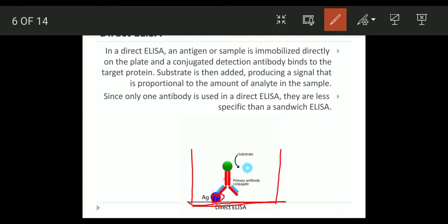This plate is made of polystyrene. It is a polystyrene plate, and first the antigen or sample binds with the bottom of this plate.